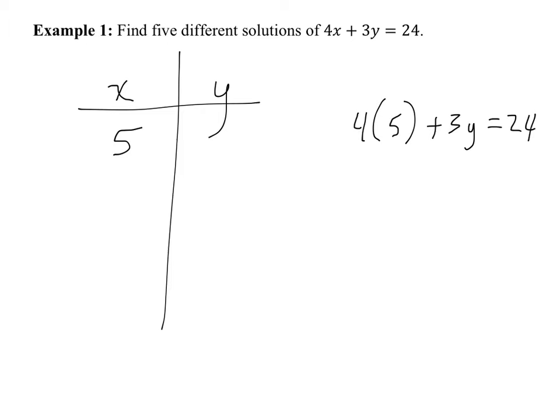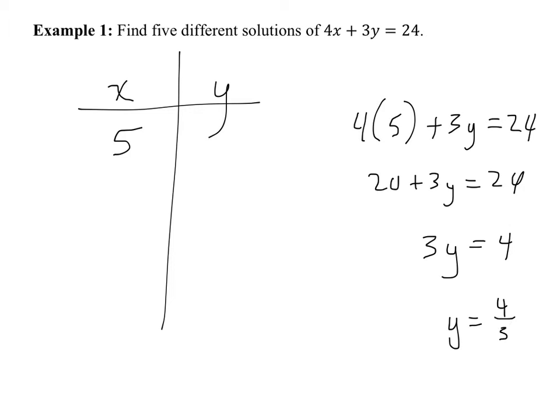This gives me 20 plus 3y equals 24. I subtract 20 from both sides by the additive property of equality, giving me 24 minus 20 is 4, and thus 3y equals 4. Dividing by 3 on both sides, I get a y value of 4/3.